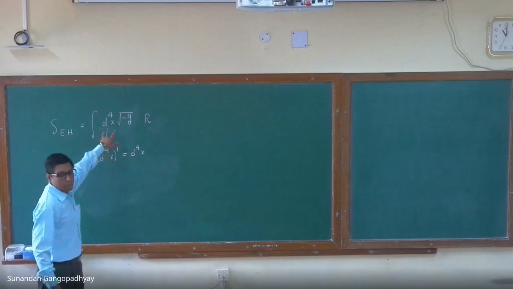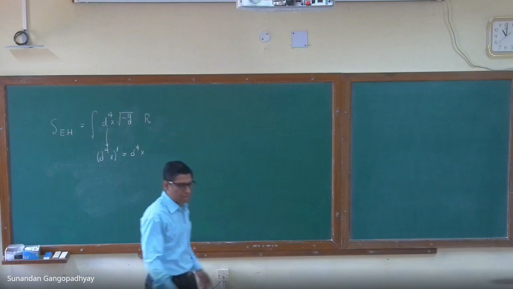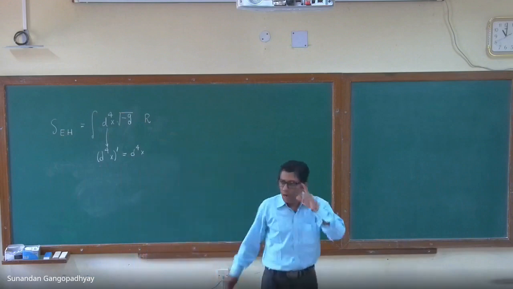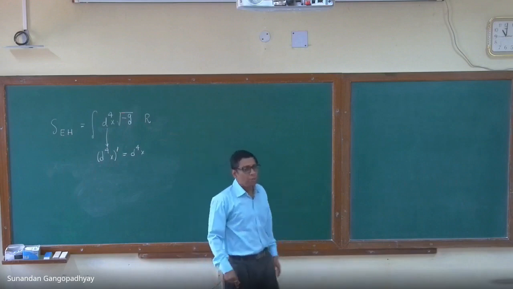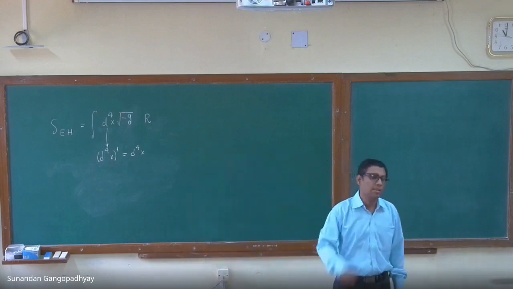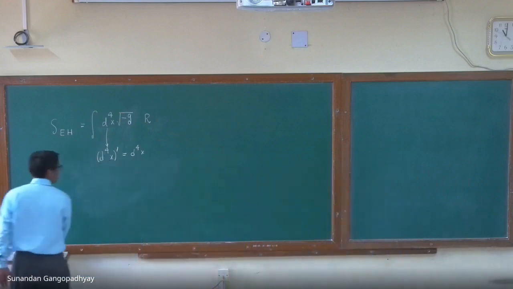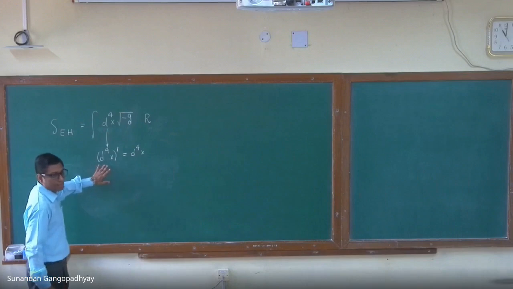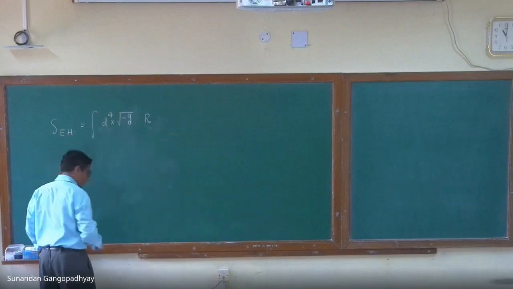But here it is not a Lorentz transformation. It is the most general coordinate transformation, GCT. Under those transformations, this infinitesimal space-time volume element is not invariant. Rather, d4x square root minus g is the invariant volume element under general coordinate transformations. Please check it. This is homework for you. In fact, this is assignment number 1.